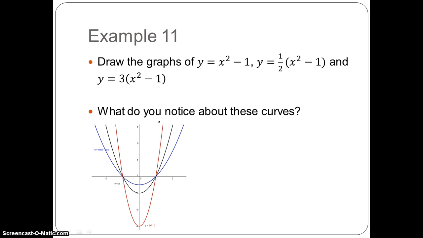We call this type of pattern a scaling, and we say that the graph of y is equal to a half times x squared minus 1 is obtained by scaling our original curve, y equals x squared minus 1, by a scale factor of 1/2 parallel to the y-axis. We say that the graph of y is equal to 3 times x squared minus 1 is obtained by scaling the original graph, y equals x squared minus 1, by scale factor 3 parallel to the y-axis.